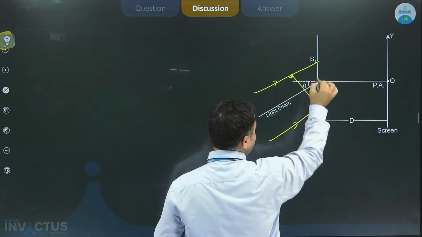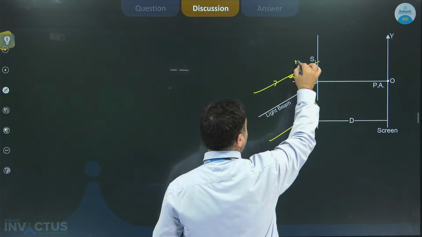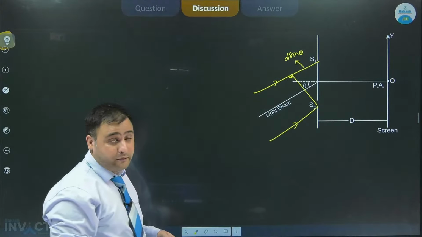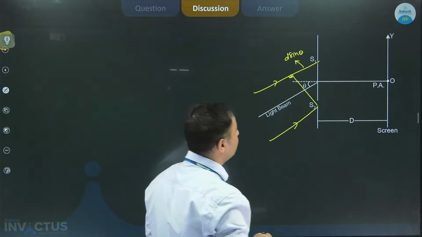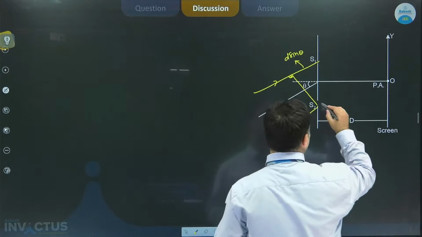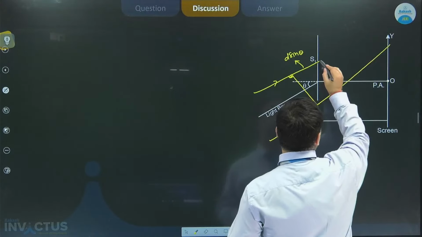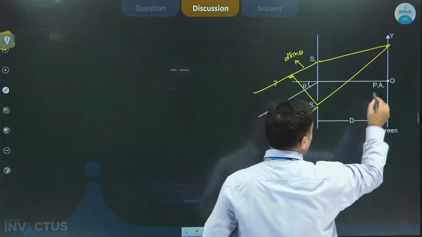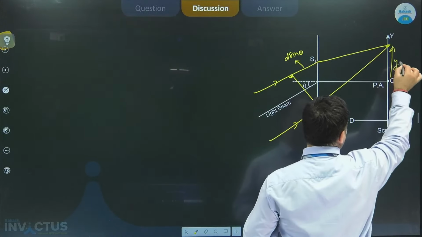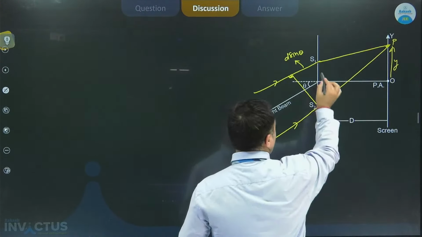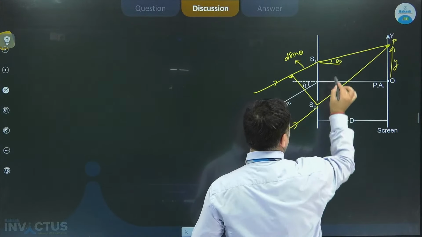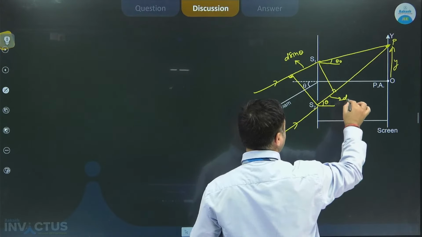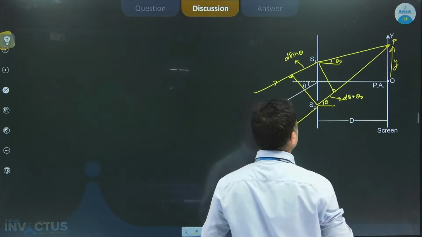If slit distance is small d, this initial path difference will be d sine theta. Now we are looking for first maxima. Let us suppose the waves coming from S1 and S2 superimpose somewhere here on the screen, let this distance be y, let this point be P, and let this angle be theta naught. Then again there will be a path difference of d sine theta naught.